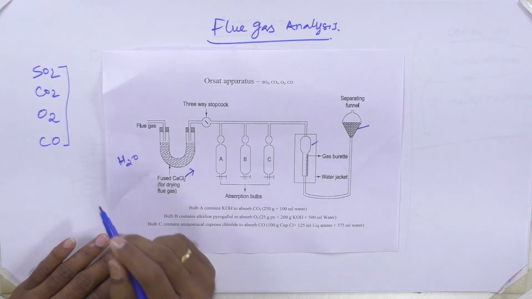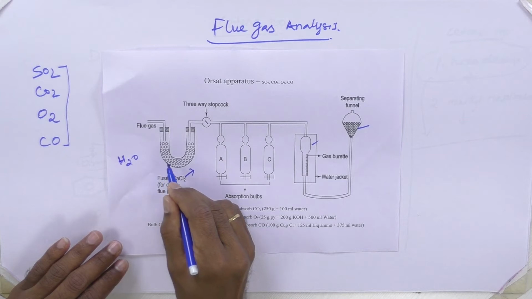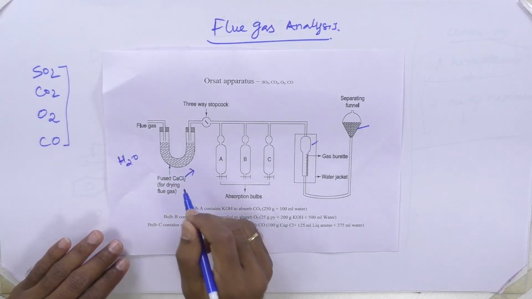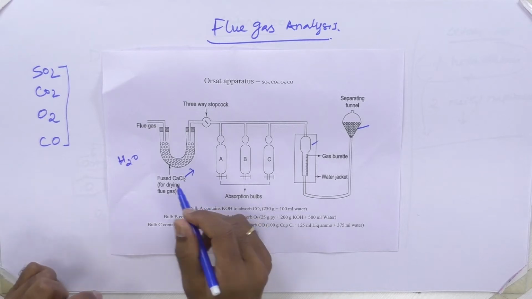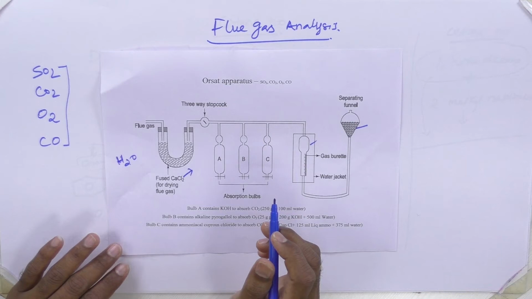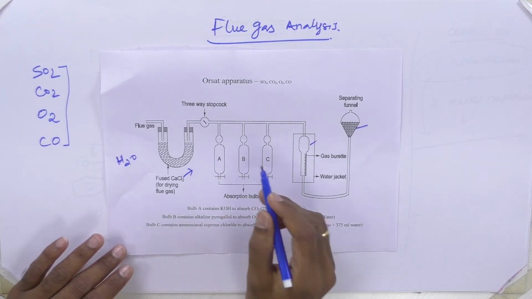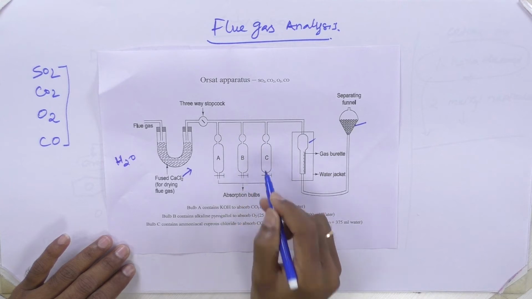As a result, it will have some moisture content, and the moisture will be absorbed by passing the flue gas through calcium chloride, because calcium chloride is an agent able to remove water from the material. Therefore it is used as a dehydrating agent.